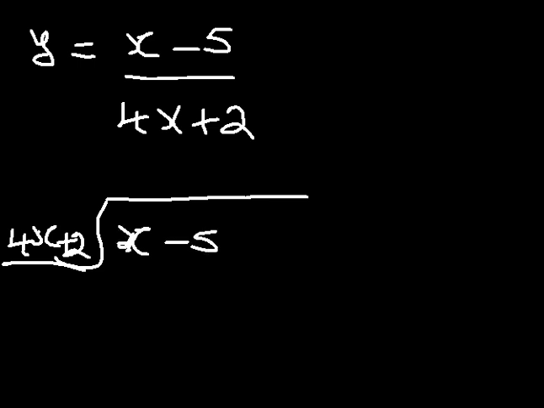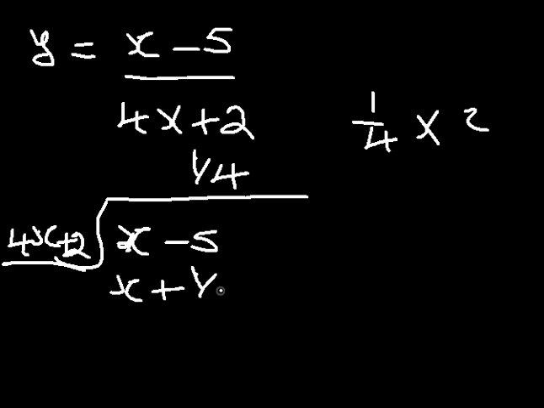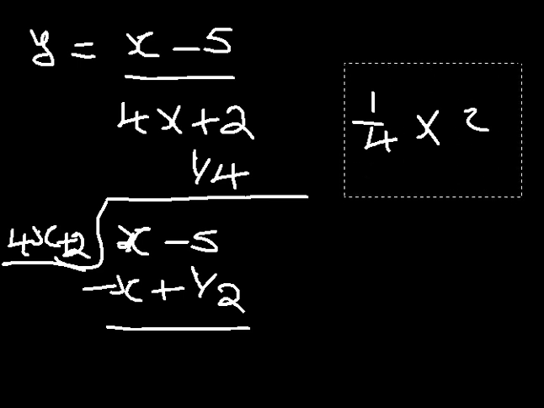Now 4x into x, we have 1 over 4. Then we'll have 1 over 4 times 4x, that will be given as x, and 1 over 4 times 2, that is plus 1 over 2, with the minus.